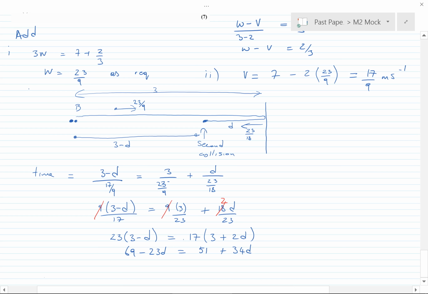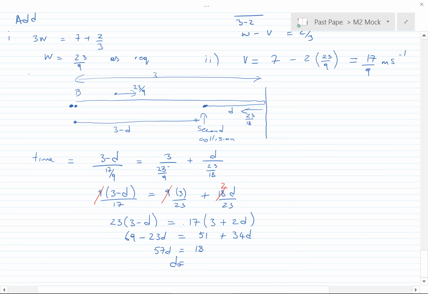So that gives me 34 plus 23, that's 57d is equal to 18. So d equals 18 divided by 57, which is 6/19, which is the final bit of this paper.